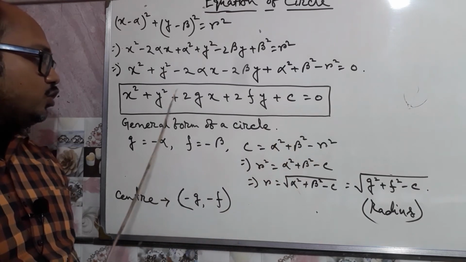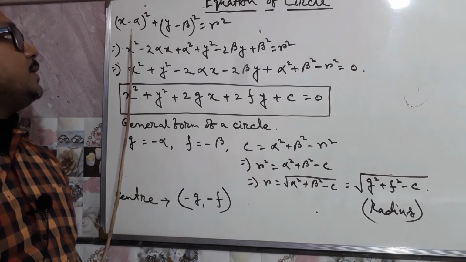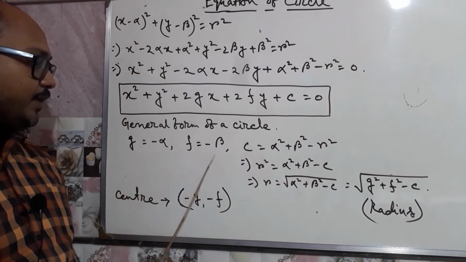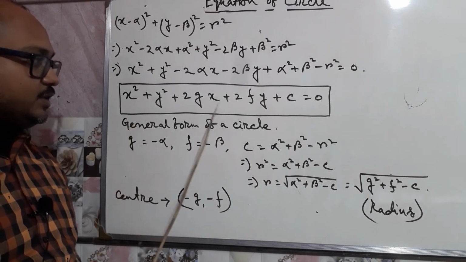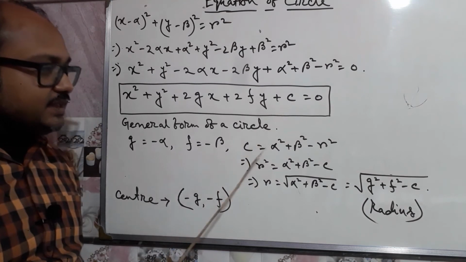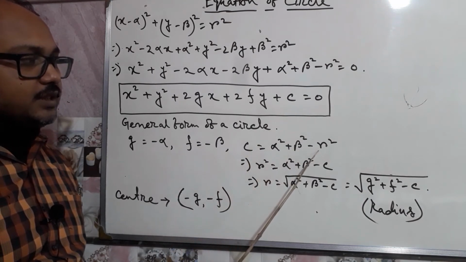So, what was the center? Alpha comma beta. So, with this form the center will be minus g comma minus f, and c is equal to alpha square plus beta square minus r square.